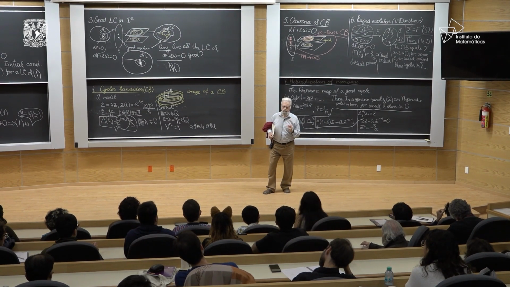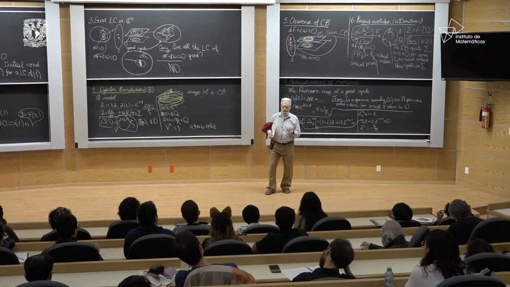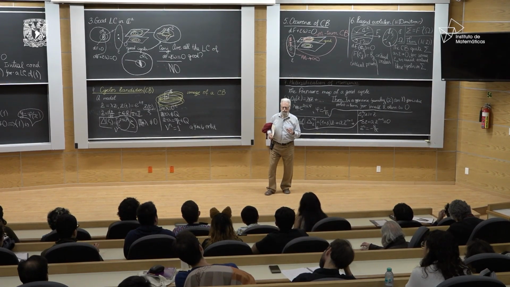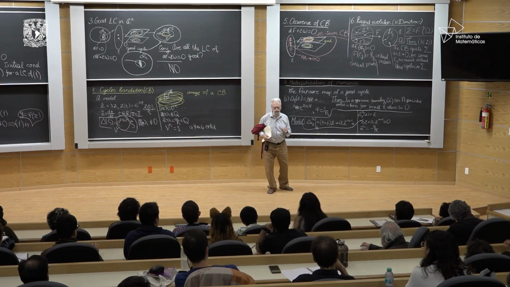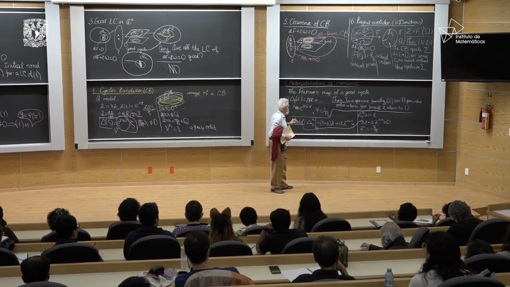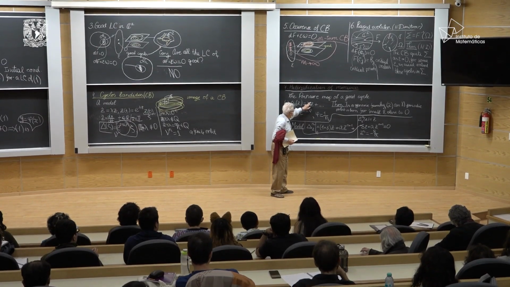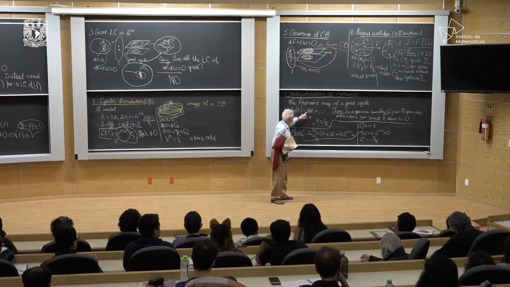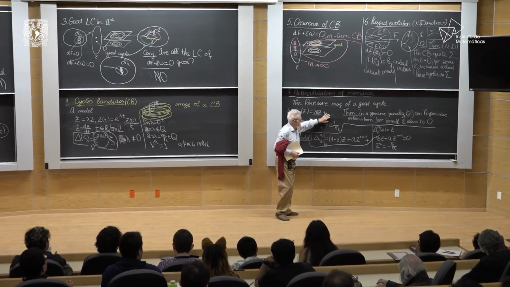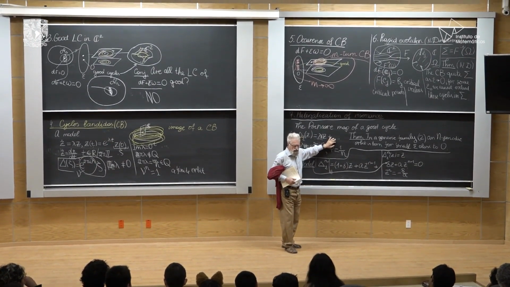When you have a clash of two cycles, you obtain a multiple limit cycle, in the simplest case of multiplicity 2. And the corresponding Poincaré map is z plus a coefficient times z squared.